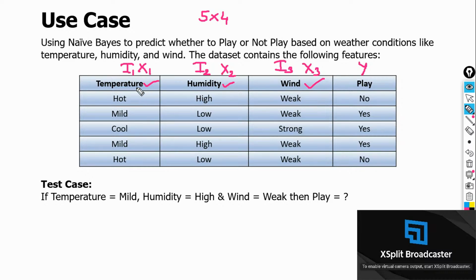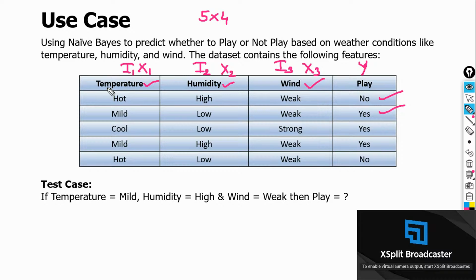Is the temperature hot, mild, or cool? Humidity, is it high or low? Wind, is it weak or strong? We have all the values under these inputs. Accordingly, we have our output column. Based on these three factors, whether a person is playing or not, yes or no. So this is the data that we have.